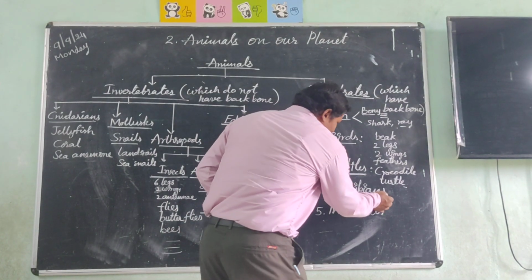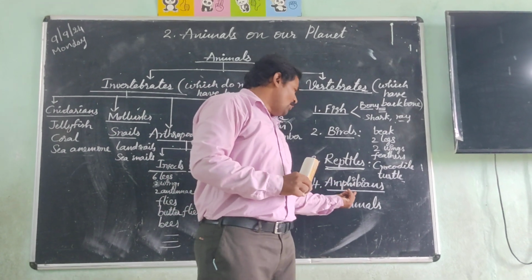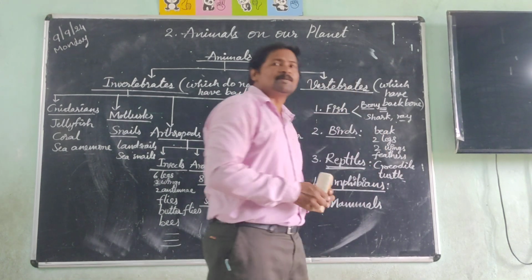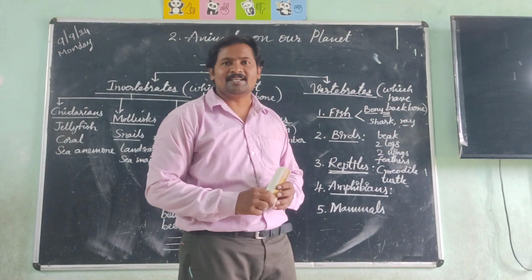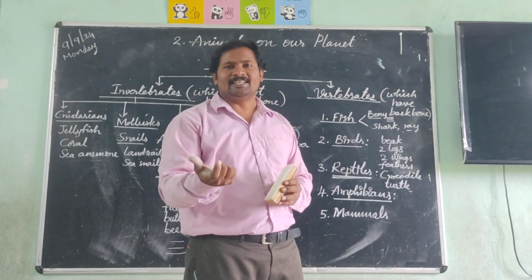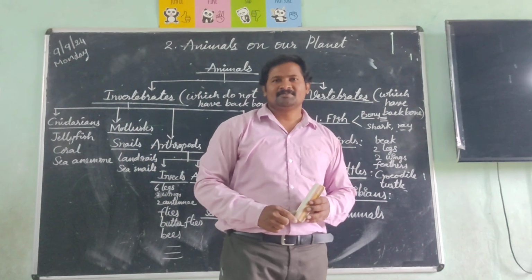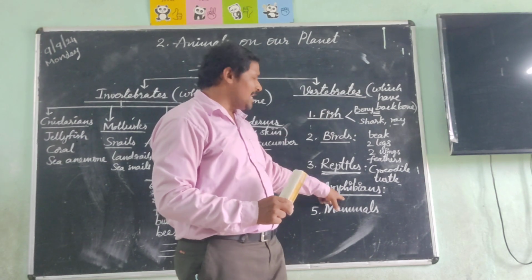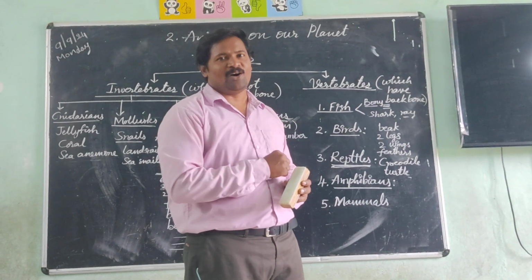The next one, amphibians. What is the meaning of amphibians? Amphibian means a class of vertebrate animals that can live on the land and in the water. Once again, amphibians are a class of vertebrate animals. They can live on the land and in the water.